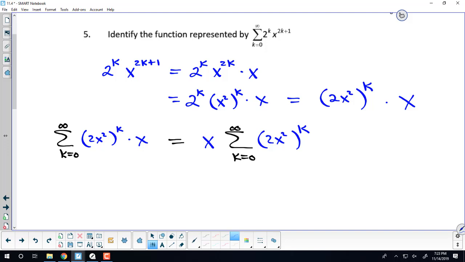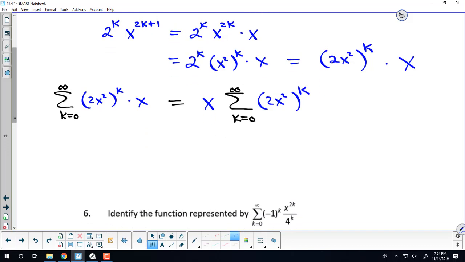Geometric is just something to the kth power, where each term is a multiple of the common ratio. Here, the common ratio is 2 times x squared. So with the exception of that x hanging out front, that's just going to have to be our multiplier. We're multiplying by a power of x.